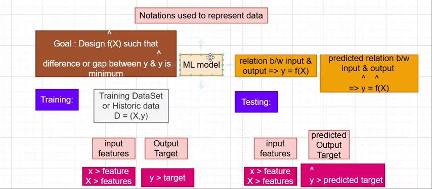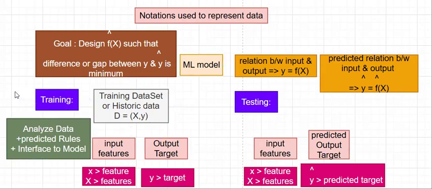After analyzing, this model needs to derive its own rules based on this data set, the updated rules designed from the historic data set. Then after deriving the rules, those rules need to be incorporated into this model. So what is meant by training?